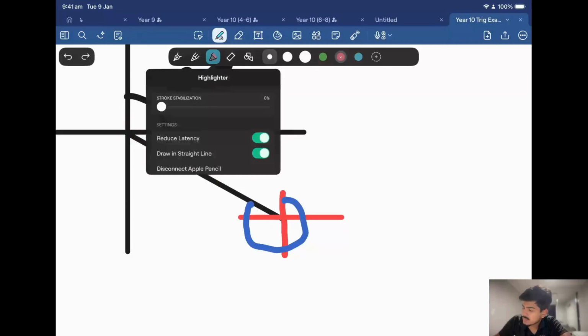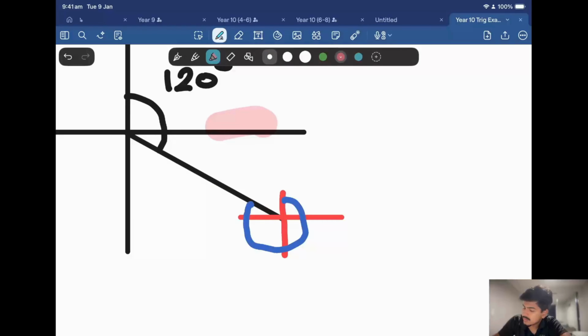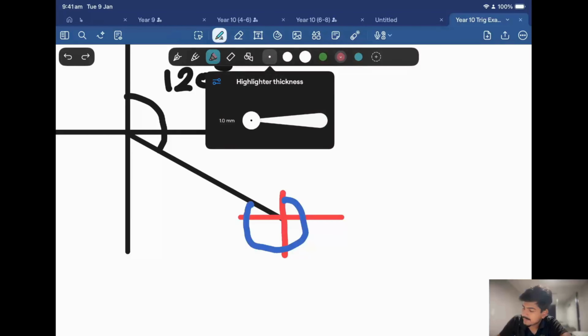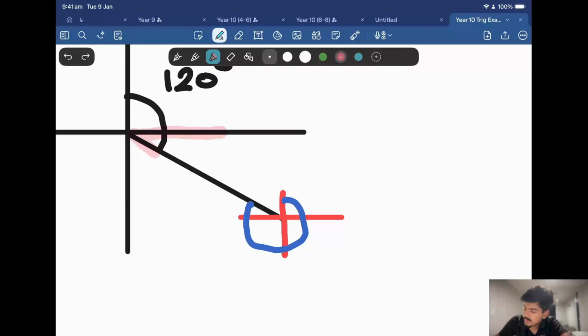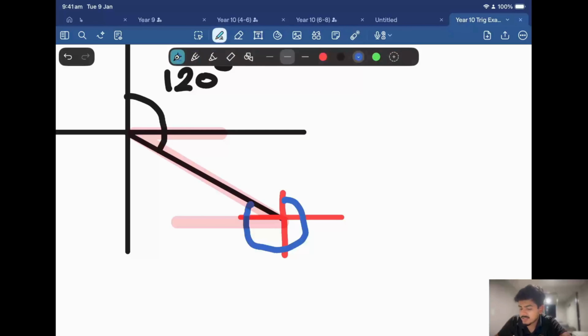I'm just going to make that a bit thinner. Sorry. Okay, so here is the alternate angle, right? So we know how much this is. How much is this? That's 120 minus 90, which is 30 degrees. That means we know that this much is also 30 degrees. And how much is it up? How much is this much?